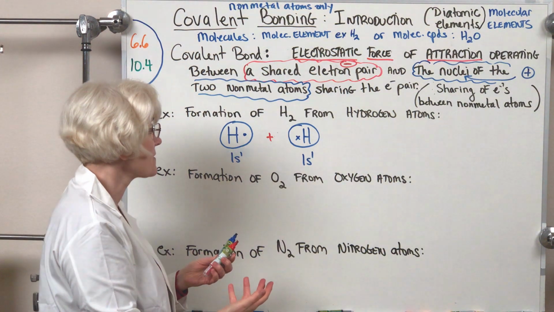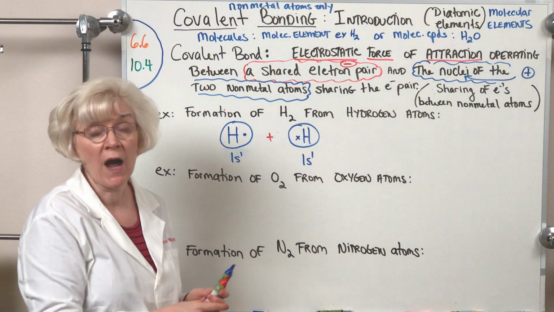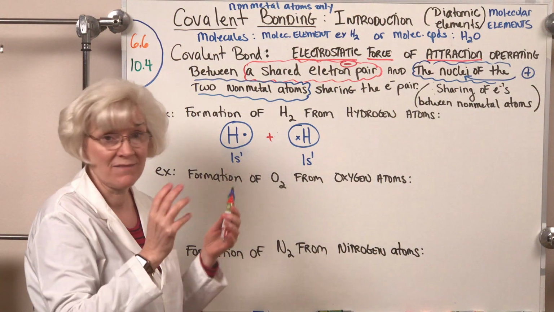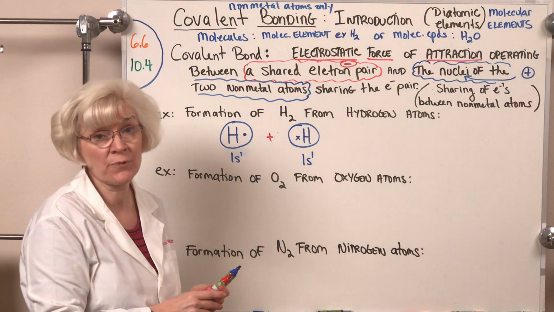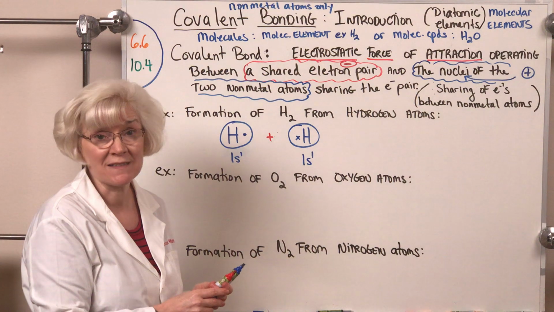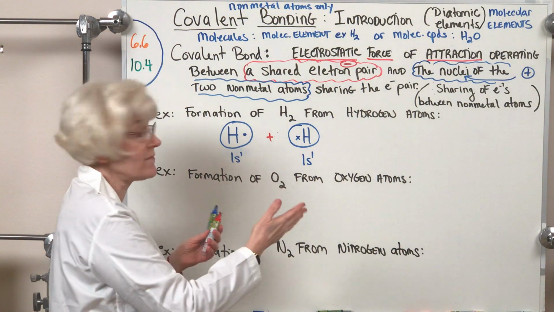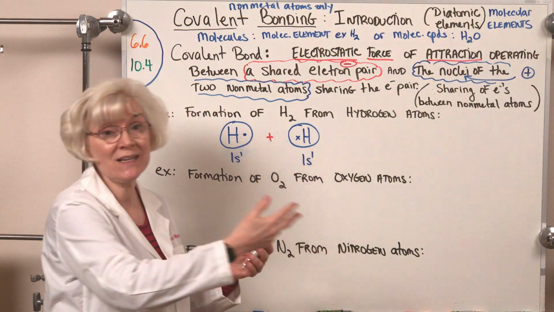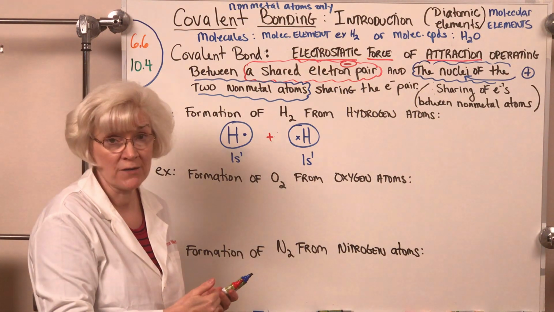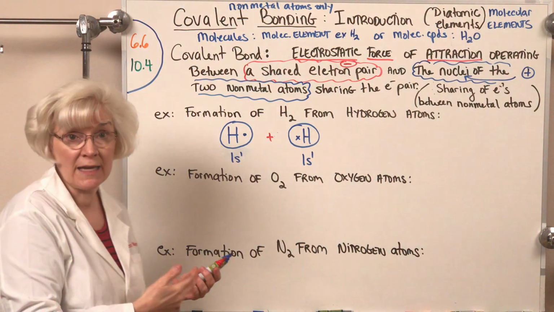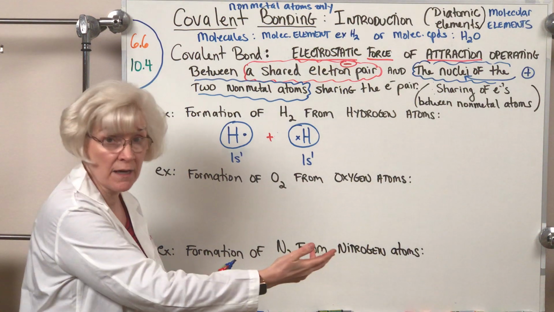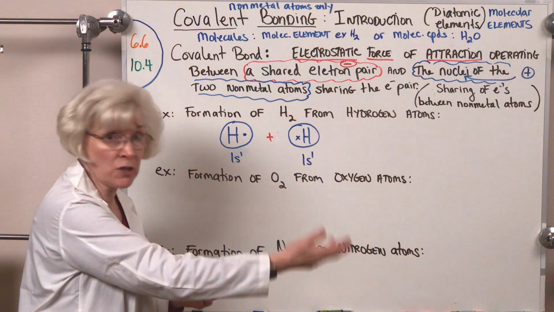How do we know that? Because these are two identical atoms. They have the exact same number of protons in their nucleus. Neither one of these atoms can steal, quote, an electron from the other. It would be like you engaging in a tug of war with your identical clone.